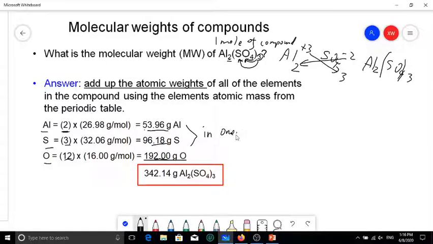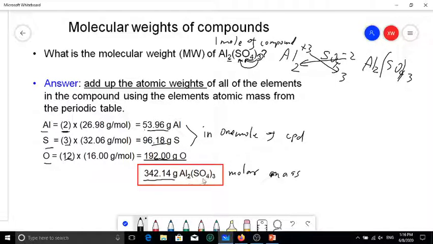In 1 mole of compound, the total mass is the mass of 2 moles of aluminum, 3 moles of sulfur, and 12 moles of oxygen added up. So this will be the molar mass of aluminum sulfate.